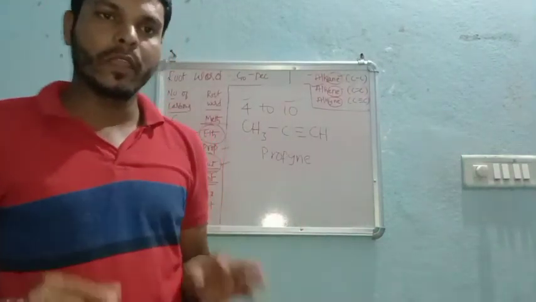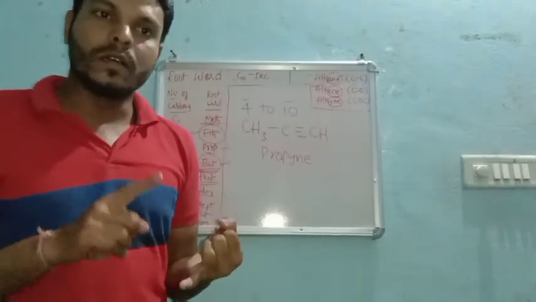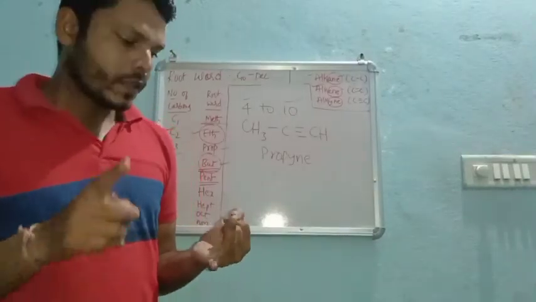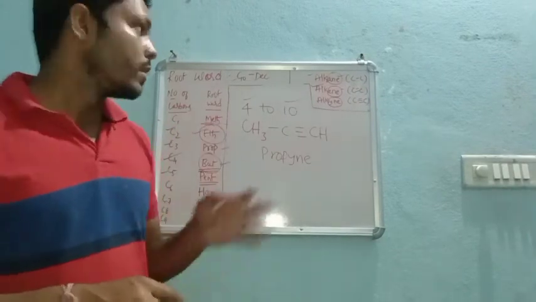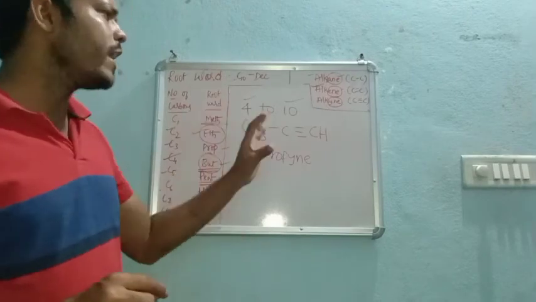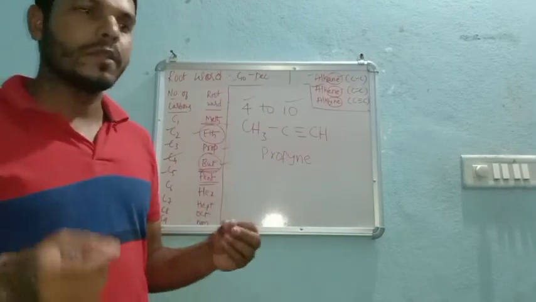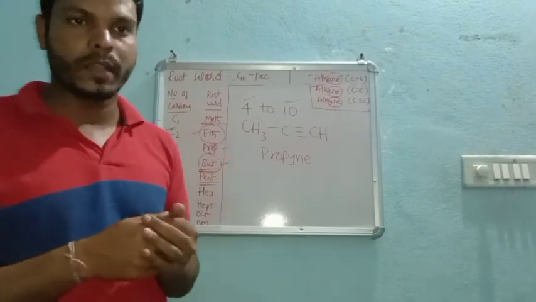Again, I am repeating that I have not gone through the rules. I have just explained the important things needed to identify or name the very common, simple types of organic compounds.